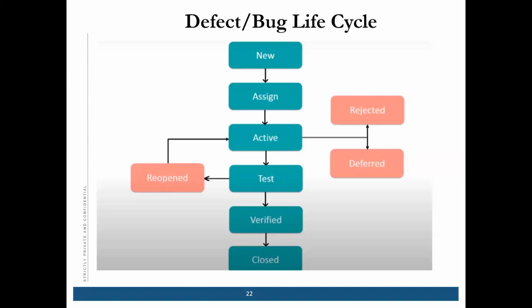That's how they can resolve this issue. So after rejection also they can make it active. But that is done again by the developer. The developer has the authority, after rejection, to change it again to active.